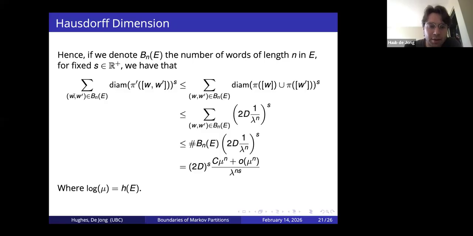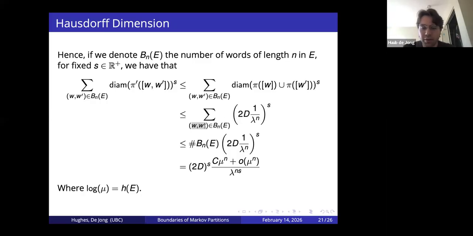I take my pairs of words that give me cylinder sets in E, and I take their image, which cover the boundary. The diameter of those is going to be bounded by the diameter of the images of individual cylinder sets, which we know to decay at a rate lambda to the minus n.